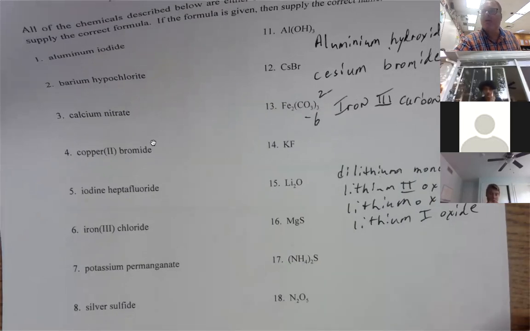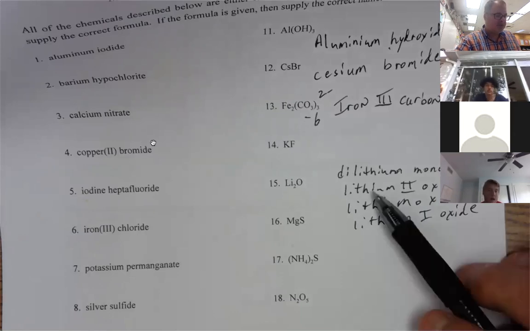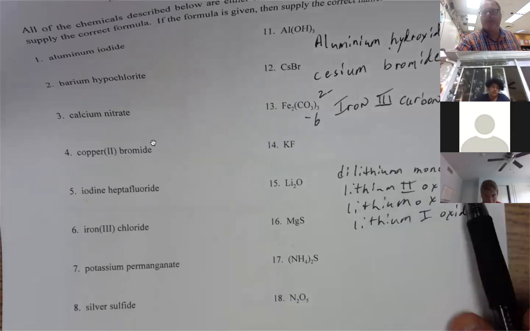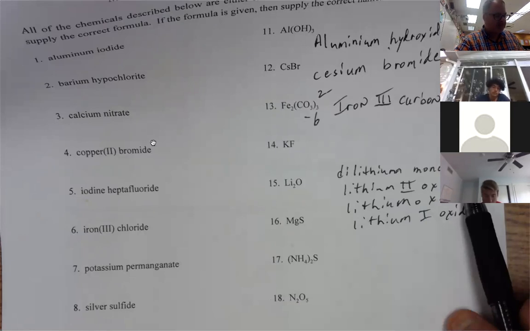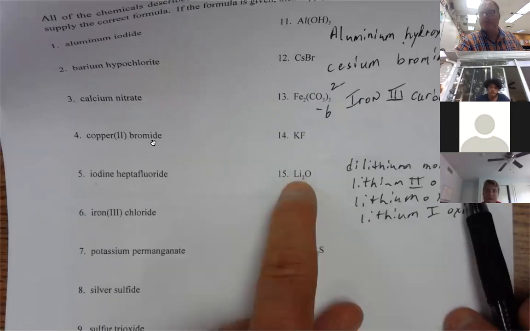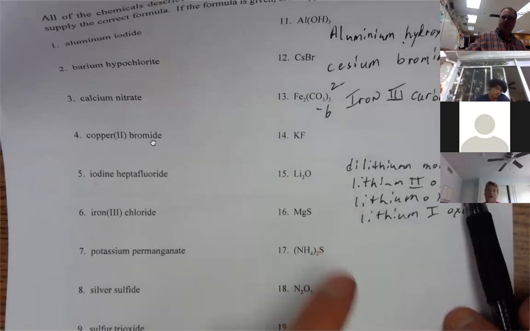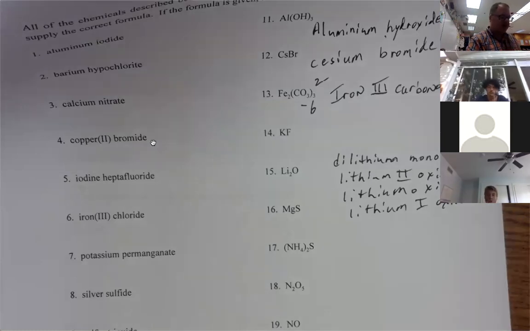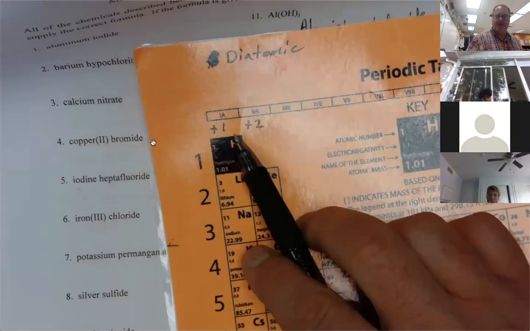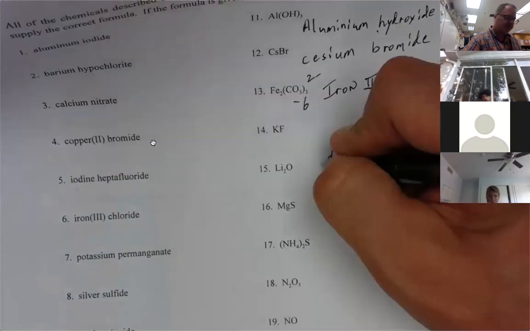Anybody confident to say which one it is? Putting everything out on the line virtually here. Is it dilithium monoxide? If it were, that means lithium would have to be not a metal. Well, the fact that lithium is in group 1A tells us it's an alkali metal, so dilithium monoxide can't work.